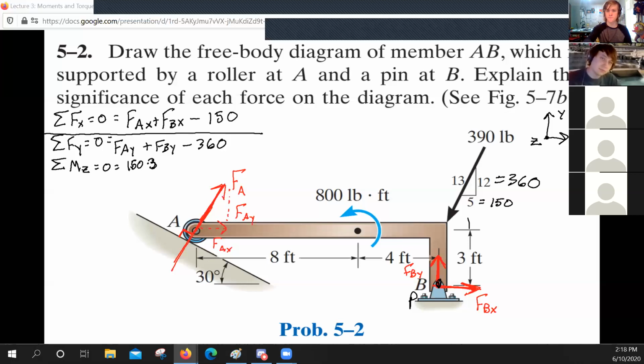Would it be 360 times 12? Not quite. Yes, this distance here added up is 12, but the 360 is being applied here, and our pivot is here, right?